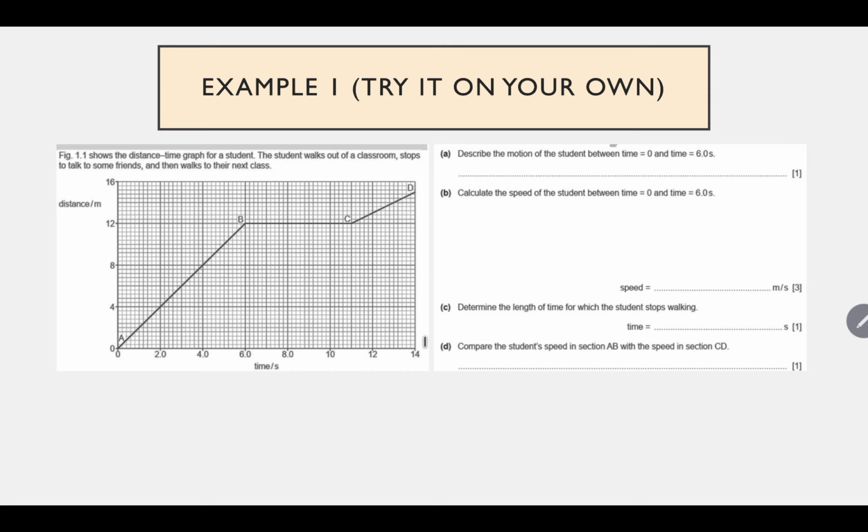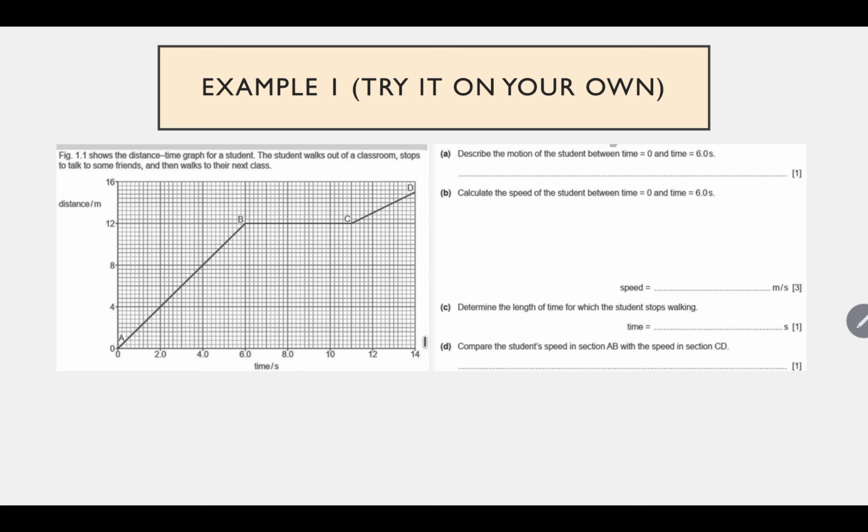So speed is distance over time. My distance will be 12 minus 0. This is the start and end point. And the time will be 6 minus 0. That's my start and end point. So speed is 12 over 6, which will give me 2 meters per second.